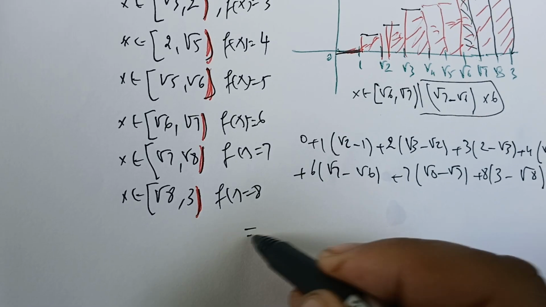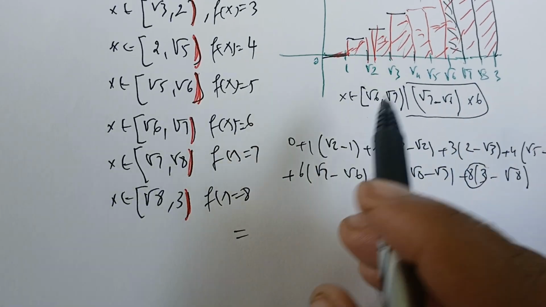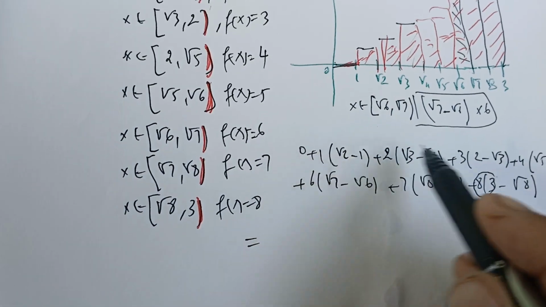If I add all this, I get this last number here, which I'm expecting to be positive. Let's first simplify this one.